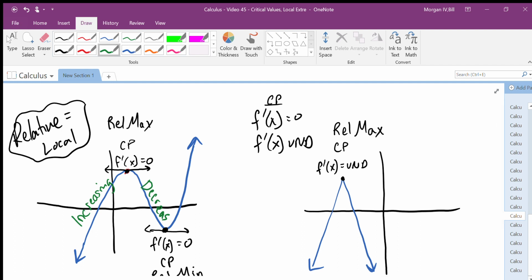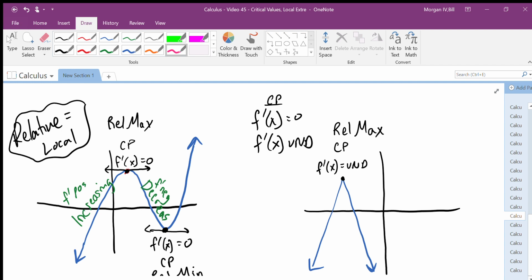We're going to see later on that that's important information. When f prime is positive, the slope is positive, which means the curve is increasing. And f prime negative means that the slope is negative, the curve is decreasing. Coming from the left, if it's increasing and then it's decreasing, that creates a relative max.